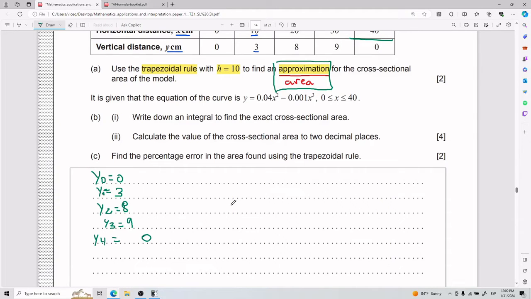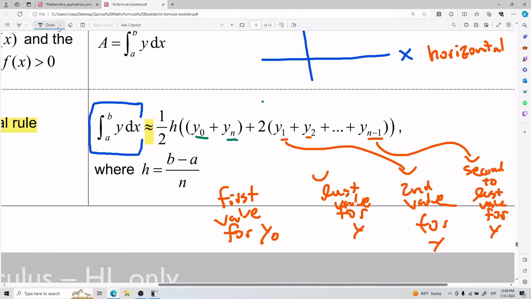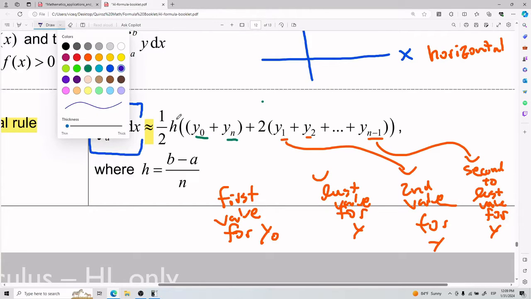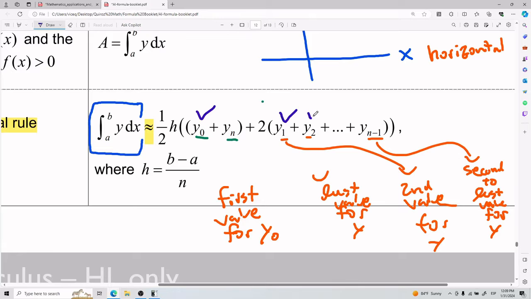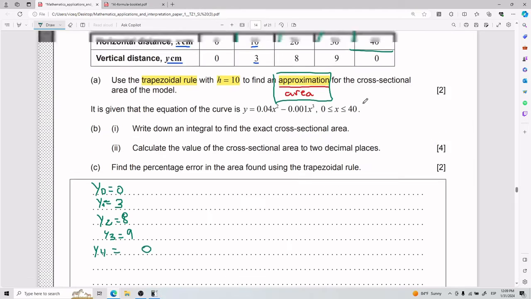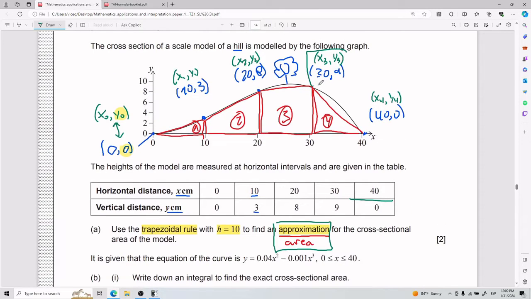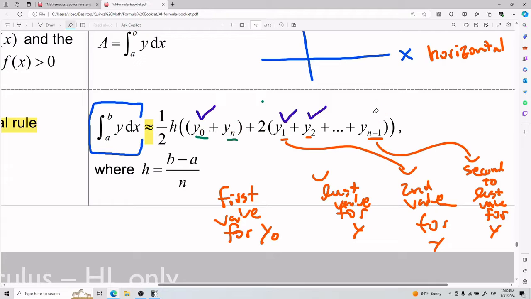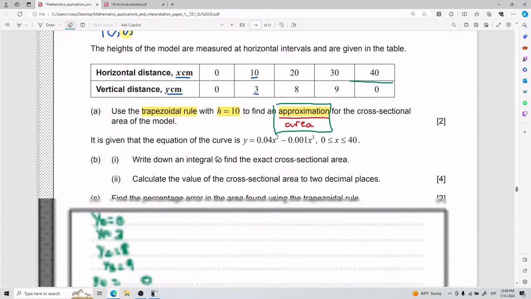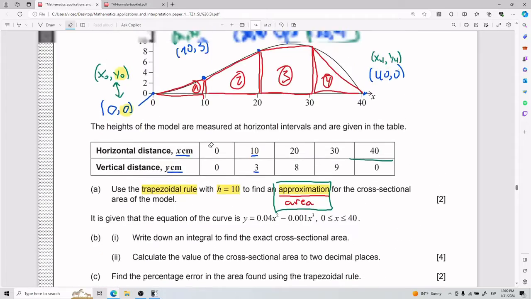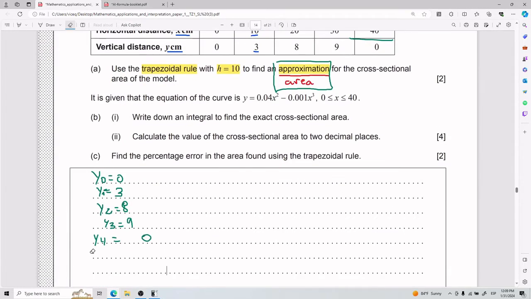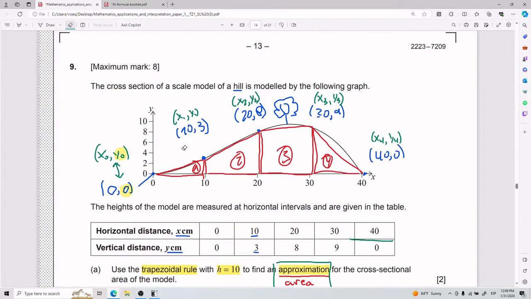Some of you might be thinking, okay, I have this one, this one, this one. Technically I have the second to last, which would be y3. But maybe this is still confusing: which one is your last y? Because I don't see a yn here. I see y0, 1, 2, 3, 4. So which one is my yn?